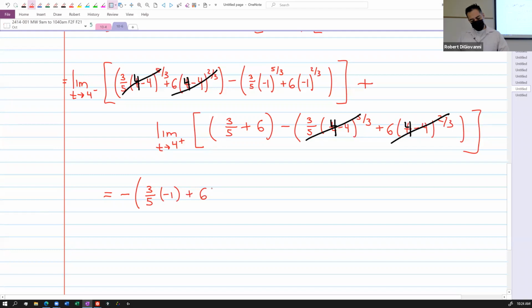Plus, now the next one, 6, same story, right? Take the cube root of -1, which is -1, but then square it. So 1, right? So 6 times 1. That's this piece. And then we still have plus the next line down here. This was 3/5 plus 6.